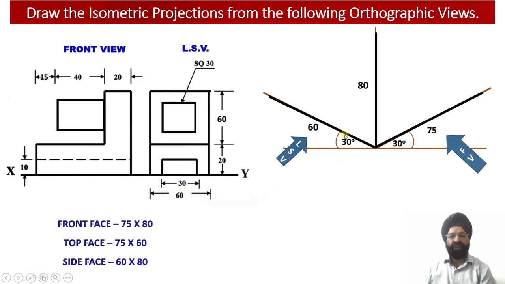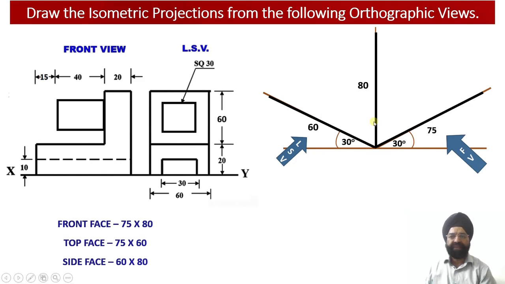So this width of the solid has been projected along the x-axis and the height of the solid will be projected as 80 millimeter along the y-axis. So we can say that the left hand side face will be drawn along this xy plane over here, and once we draw these two isometric edges over there, the left side view will be completed in this isometric construction.